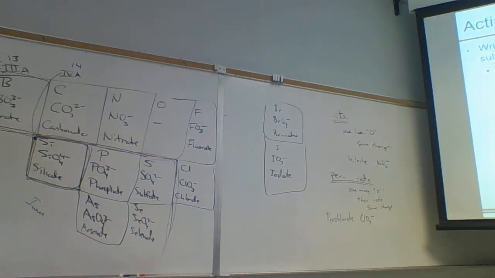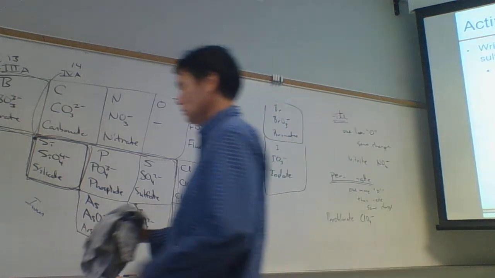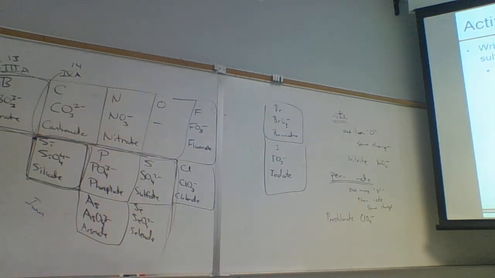So what's the ammonium cation? The way ionic compounds are named, the cation goes first, followed by the anion. What is the formula for the ammonium cation?